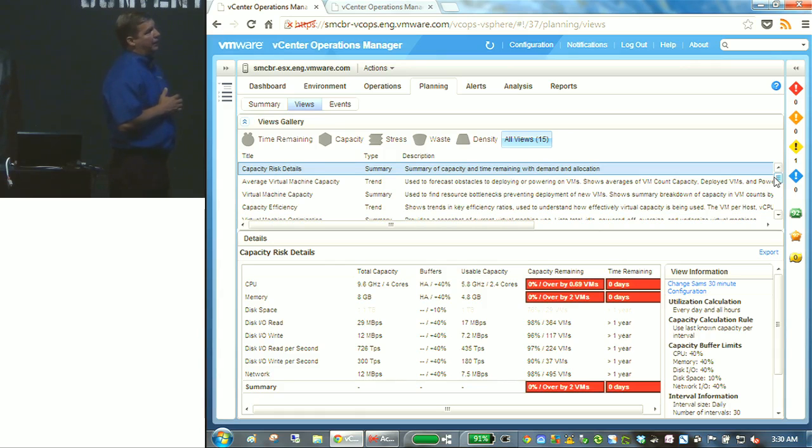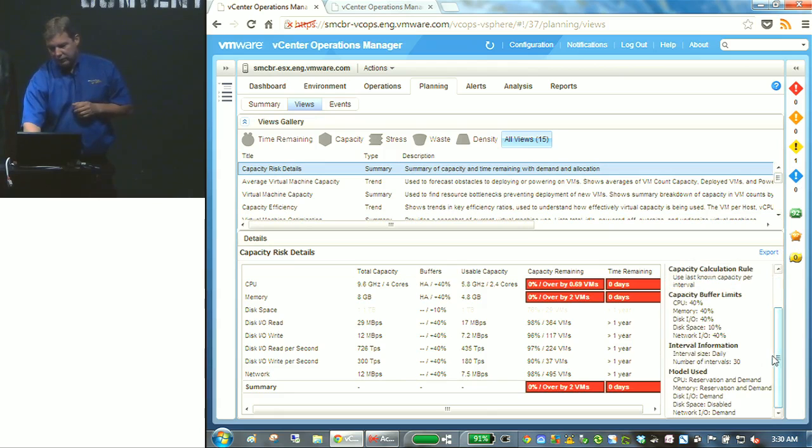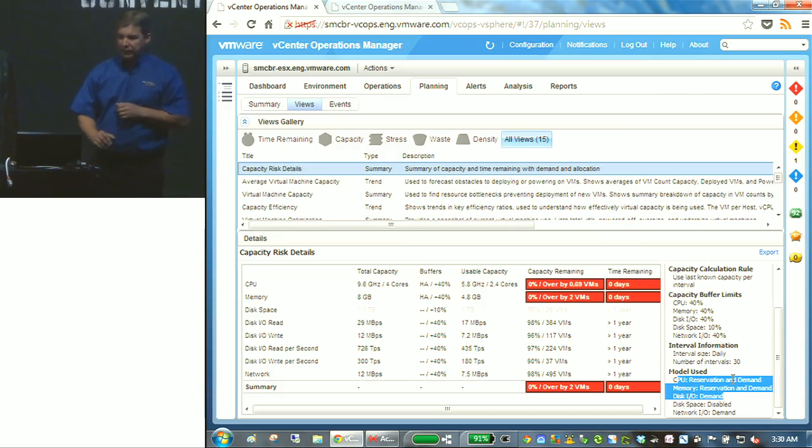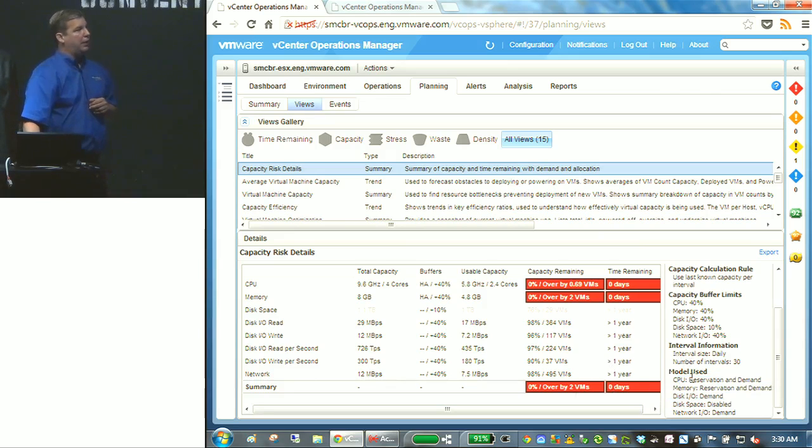Here we can see that I am over by memory according to my policy, and my policy is probably using allocation, reservations and demand. In my particular case, I'm using a lot of reservations, which don't show up in the demand on the operations side, but they do in the planning. And why is that? Because we can't overcommit reservations.